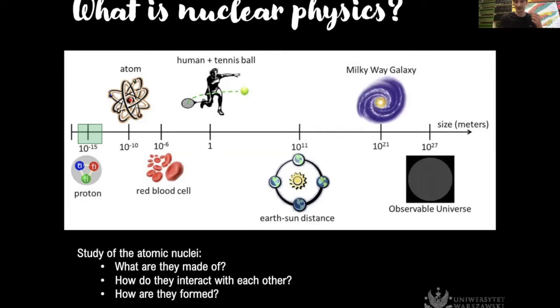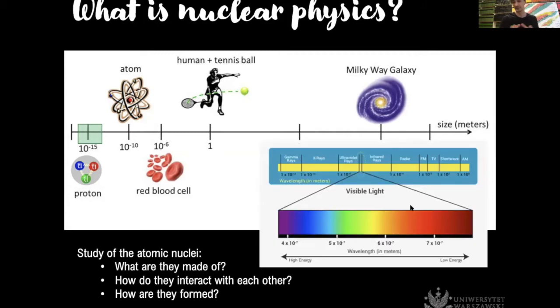This is because the visible light that is generally used in microscopes present in the biology lab for the study, for example, of red blood cells has a wavelength between 400 and 800 nanometers, so about 10 to the minus 7 meters, which is below the dimension of the red cells, so you can see them, but it's way above the dimension of the protons and the atoms, even 8 orders of magnitude above the proton.